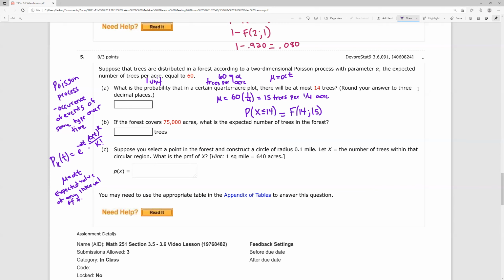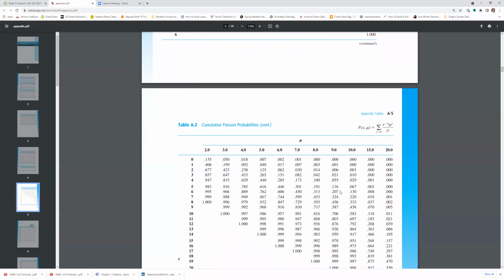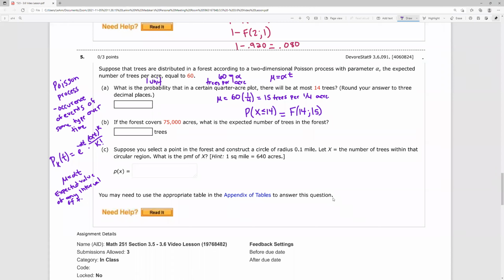So I'm going to switch back over real quick just to show you again the chart, since this one's a little different. We would have to go down and find mean of 15, go down to 14 for the x, follow that over. That is 0.466. Sorry, I said my point in the wrong place.